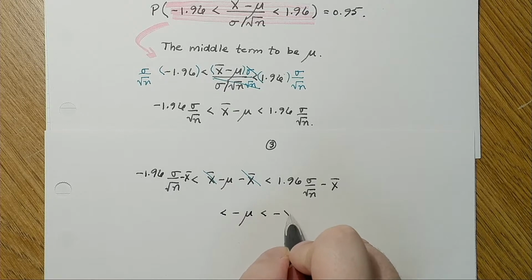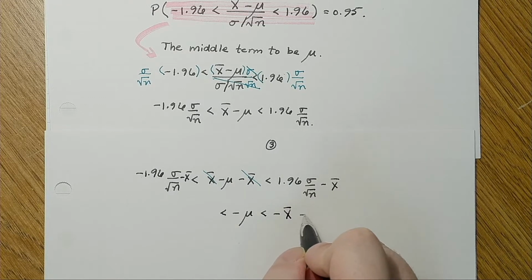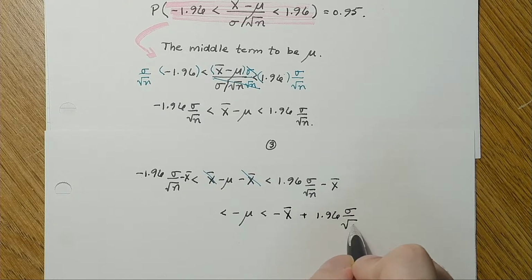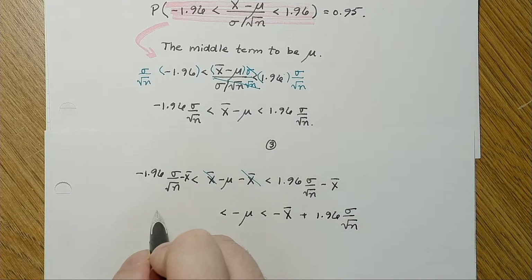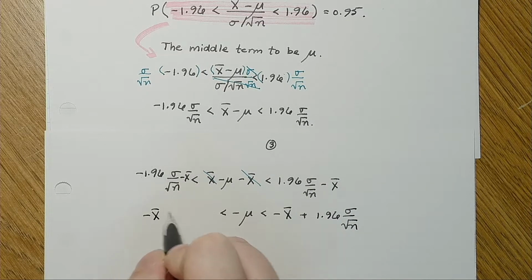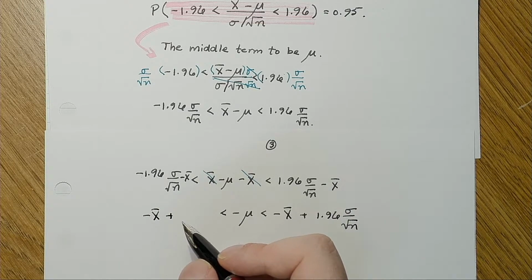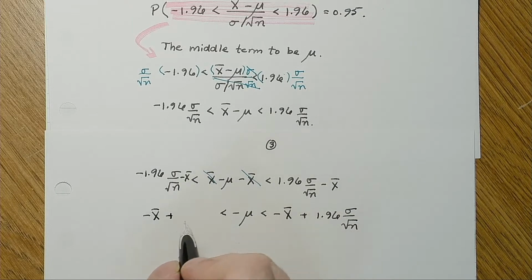I'll have the minus x bar plus 1.96 sigma over square root of n. Okay so far.